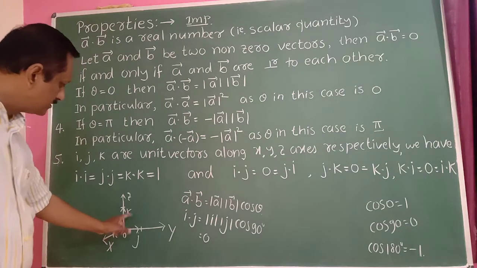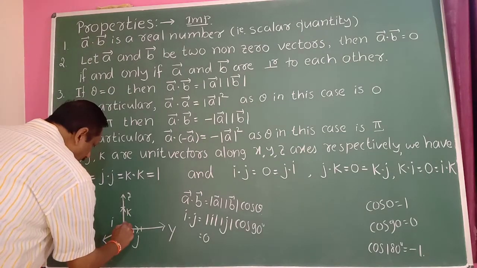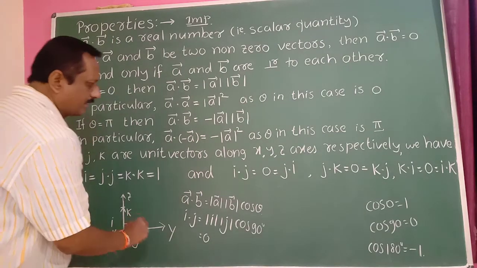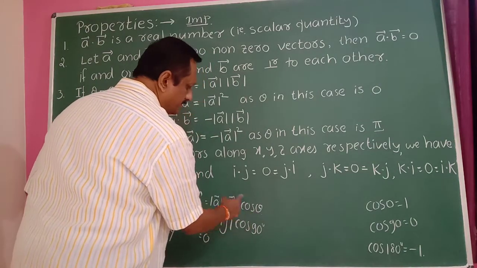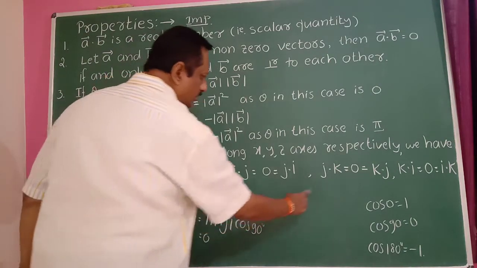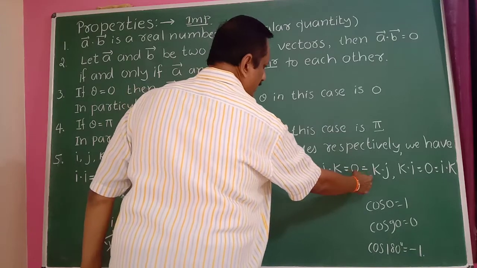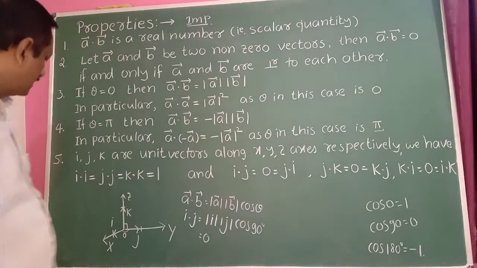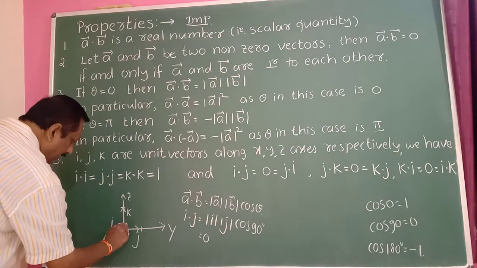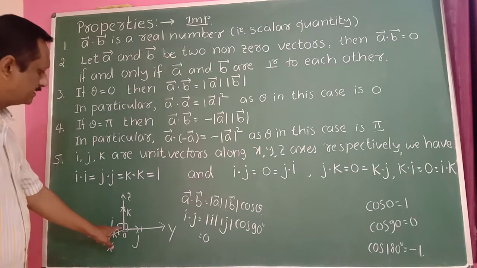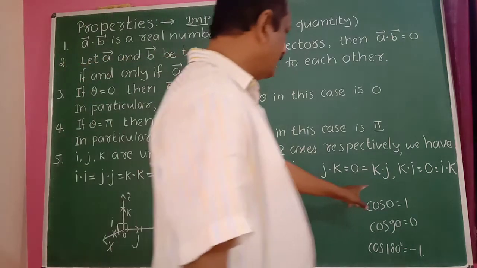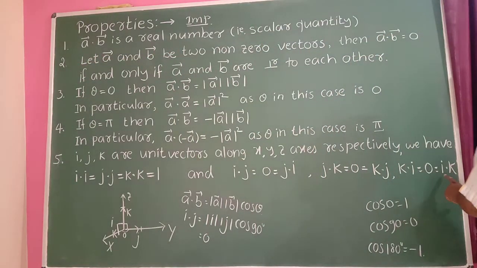j dot k is also 0 because the angle between j and k is 90 degrees, hence cos of 90 degrees becomes 0. So j dot k is 0, and k dot j is also 0. The angle between k and i is 90 degrees, so again k dot i is equal to 0, and i dot k is equal to 0.